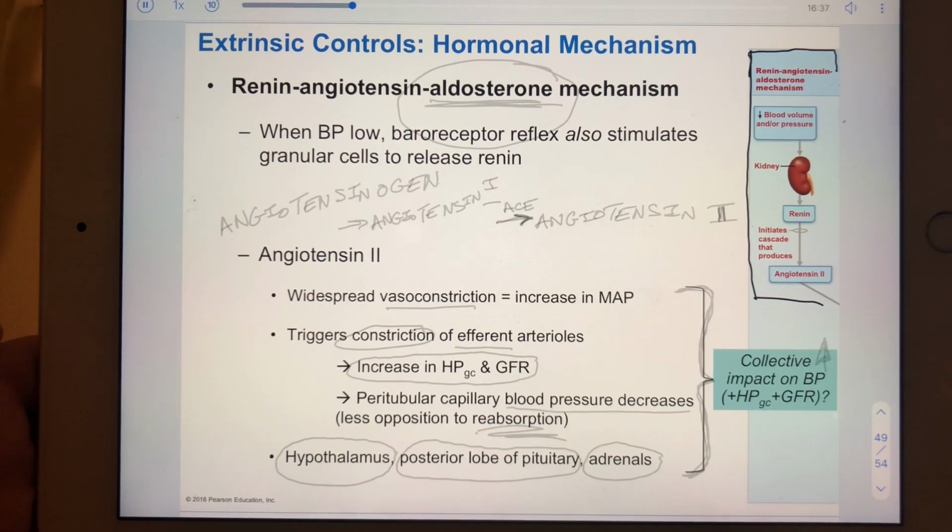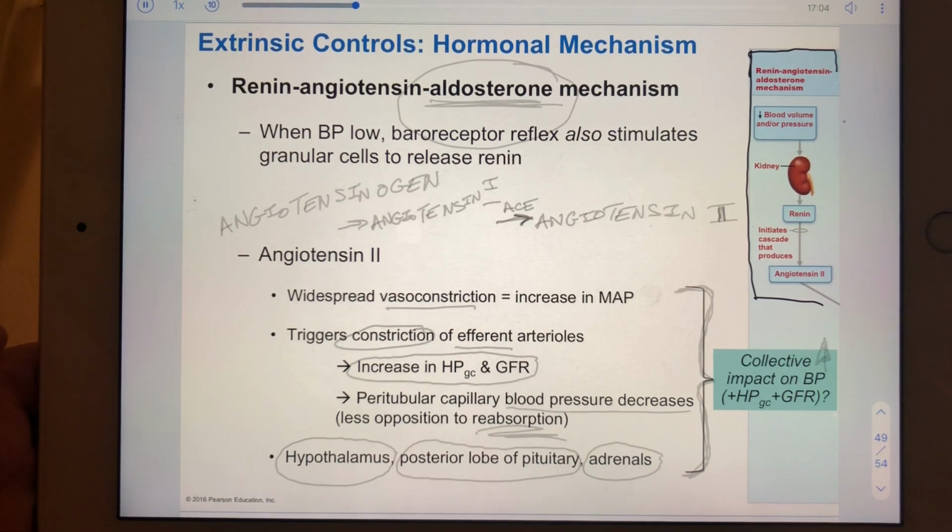When blood pressure is low, the baroreceptor reflex, which we just saw in the previous slide, remember we have baroreceptors in the aortic sinus and in the two carotid sinuses, okay? Those baroreceptors will also stimulate granular cells to release renin, okay?